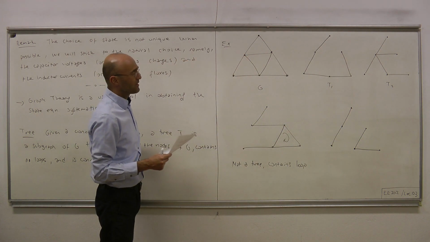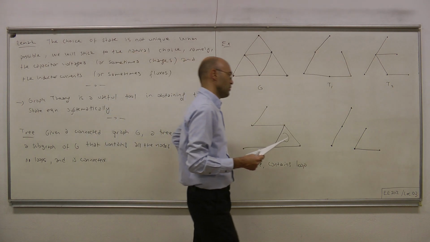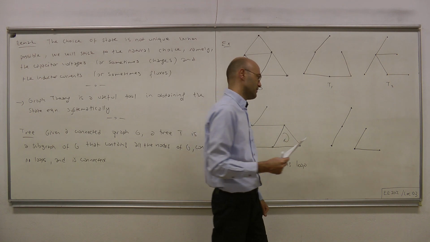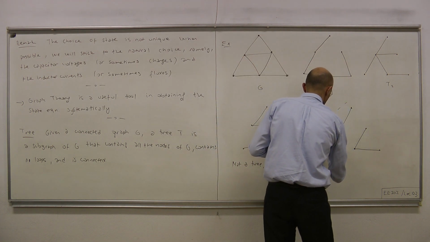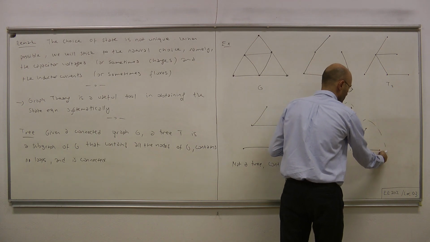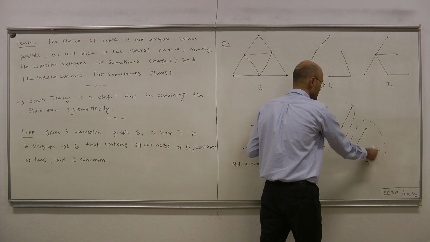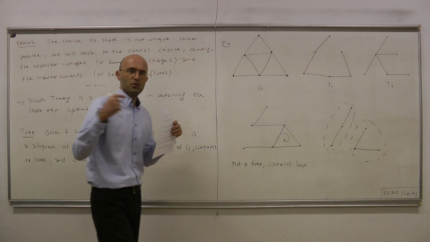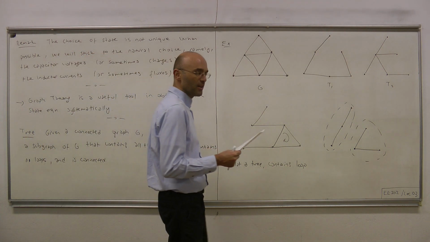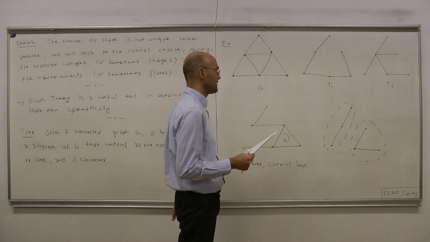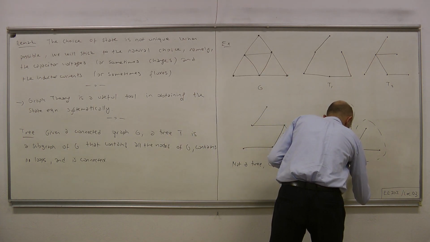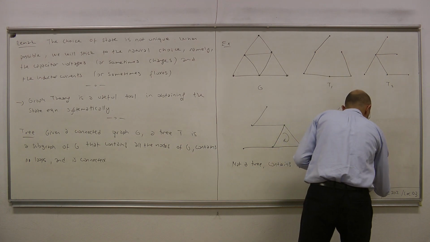But that subgraph is not a tree, because clearly it has 2 components, meaning that it's unconnected. Here we have one piece, here we have another piece, and if you're going to go from a node that belongs to this piece to a node in this other piece, then you cannot find a path that connects those 2 nodes. Therefore, due to unconnectedness, that subgraph is not a tree. Because it's not connected.